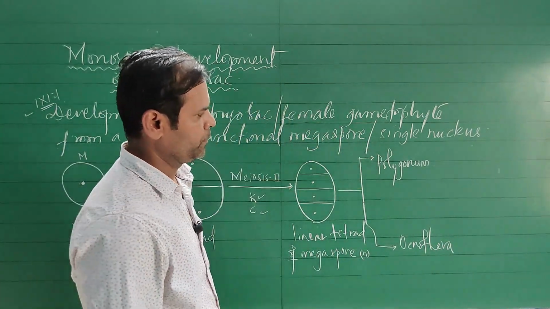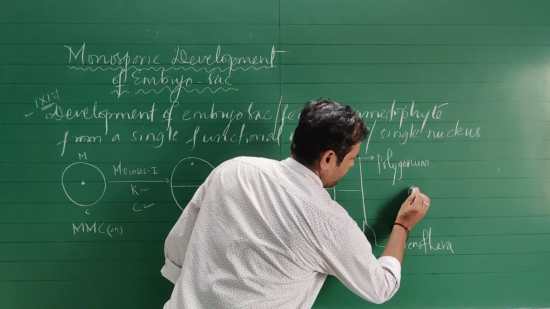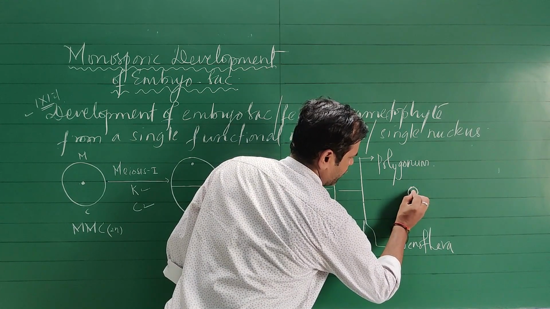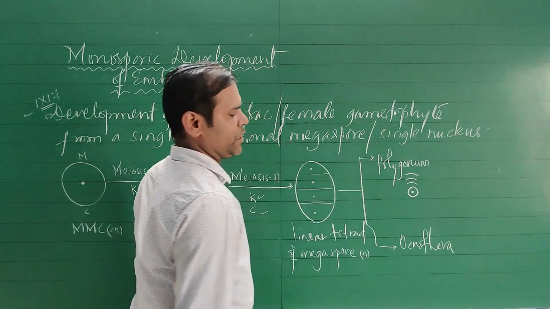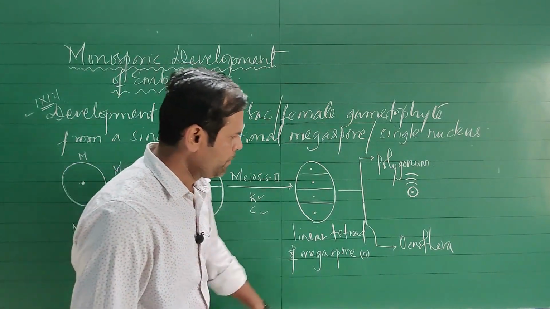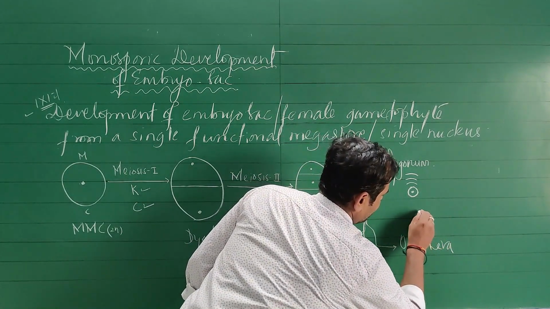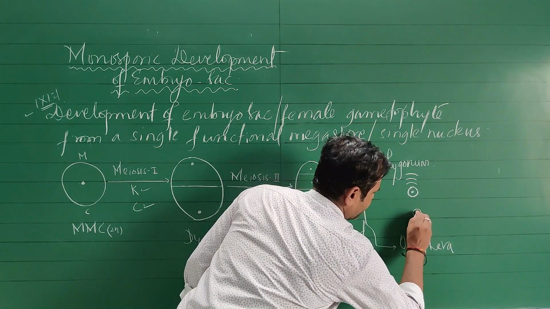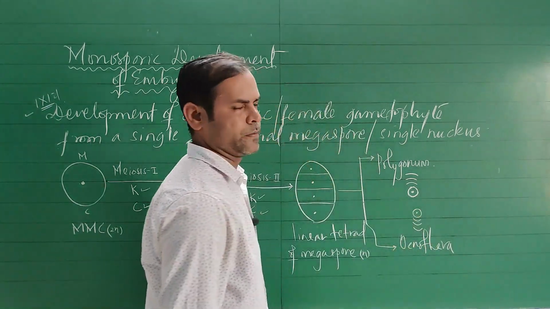In Polygonum, the lower megaspore remains functional and the upper three degenerate. But in case of Oenothera, remember the upper one remains functional and the lower three degenerate.